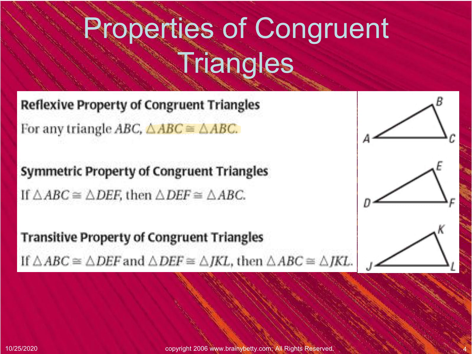You're just flipping them. ABC is congruent to DEF, then triangle DEF is congruent to ABC. And then transitive property, we know we're getting rid of something in the middle. So if ABC is congruent to DEF and DEF is congruent to JKL, ABC is congruent to JKL, so you're really just getting rid of what's in the middle.